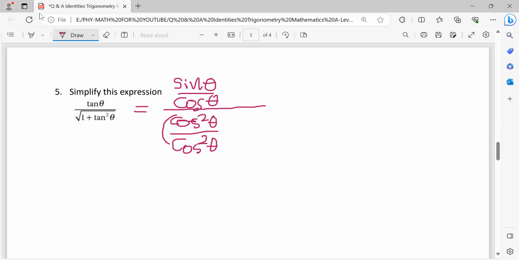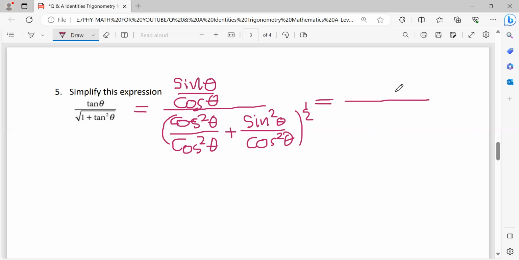All of them are squared, which means we may write sine theta over cosine theta.